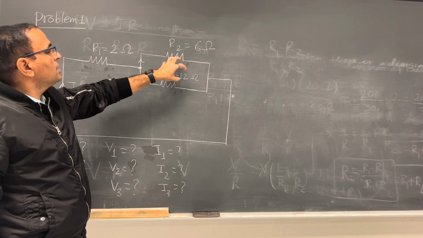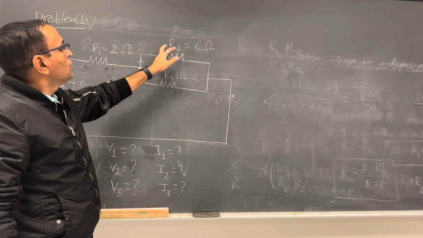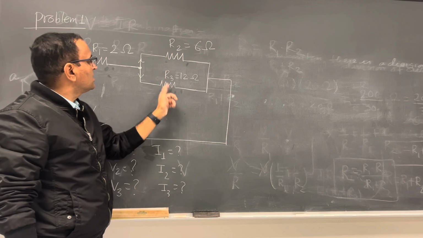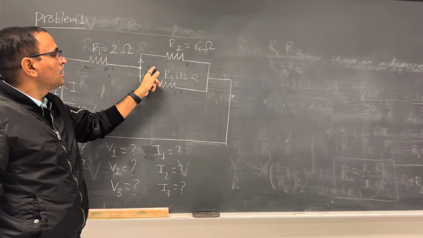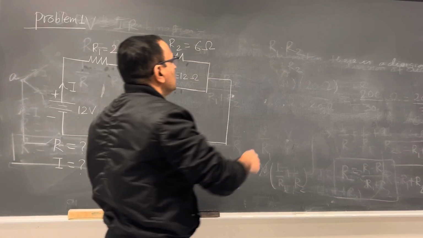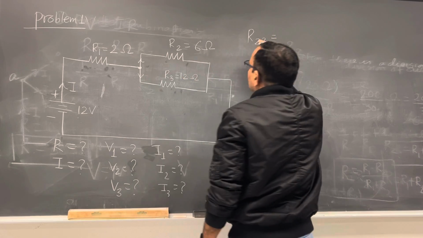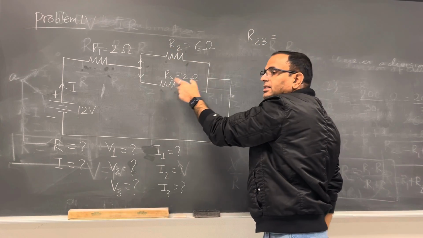Start the problem right from there. So first you have to calculate the total resistance of this R2 and R3. And R2 and R3, since there is a division of current, this is a parallel combination. So if it is a parallel combination, then we can calculate the total resistance R23. What is R23? R23 is the total resistance of this R2 and R3. They are in parallel.